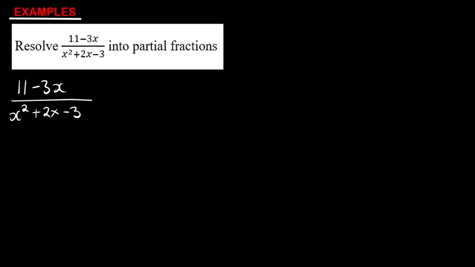The question says resolve 11 minus 3x over x squared plus 2x minus 3 into partial fractions. What you've been given is a single fraction, and now we are putting it into partial fractions. So I will factorize my denominator to check what I am having.